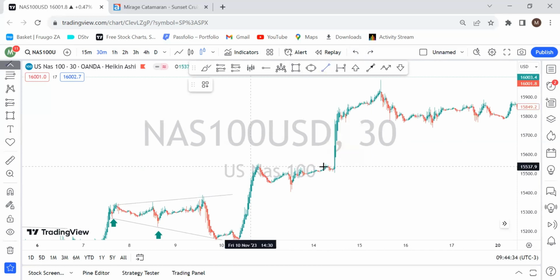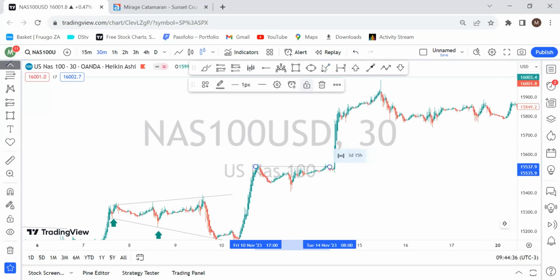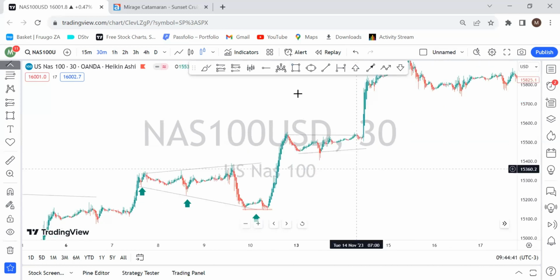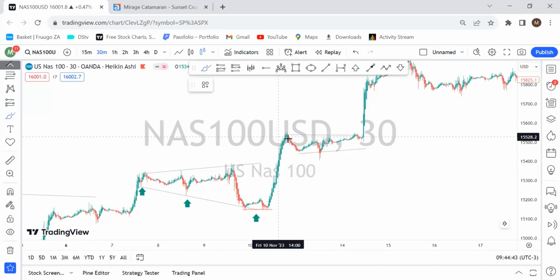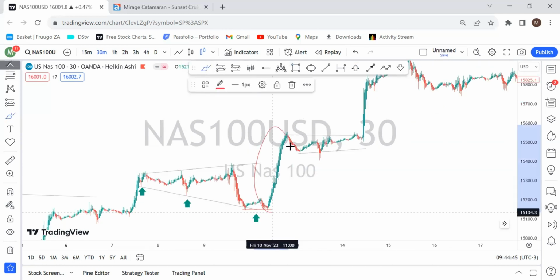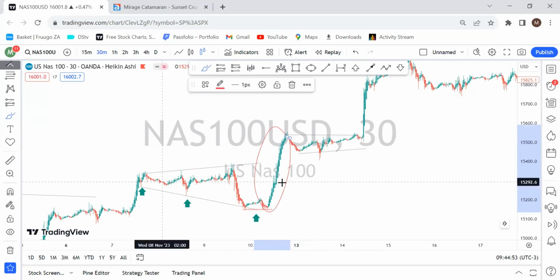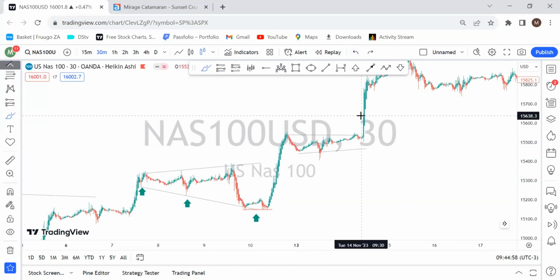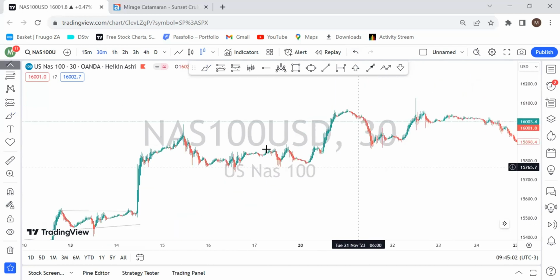As you can see, we have a correction right here, right after this impulse. So it's very similar to this overall one that I was just going through, but we're just going to skip it and get to the current market.